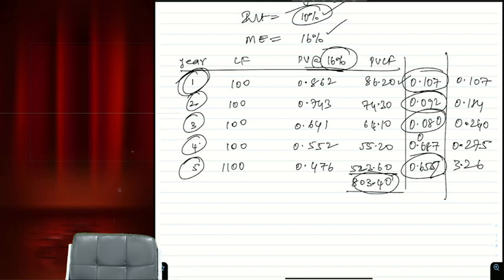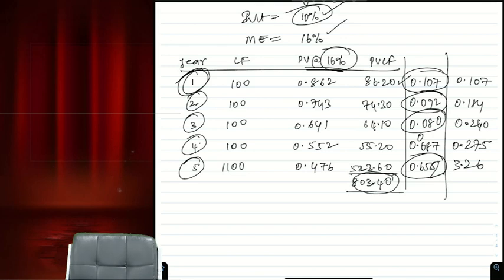803.4, and 86.2 is received in the first year itself. That's why I asked you to calculate the proportion. Simply to tell, in this 803.4, 86.2 rupees has been given back to you at the first year end itself.